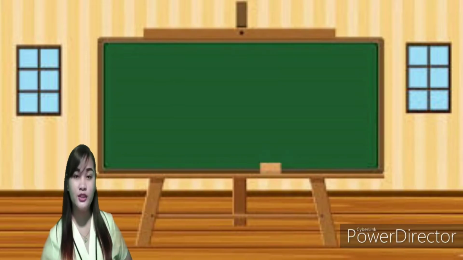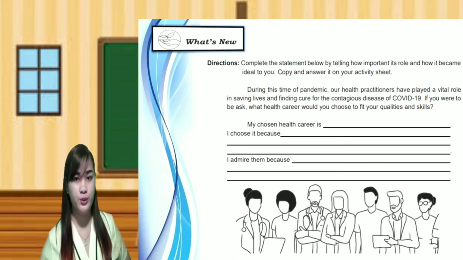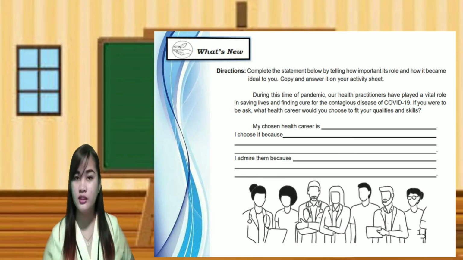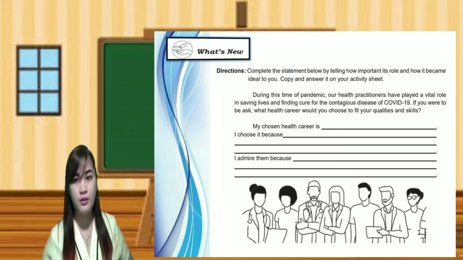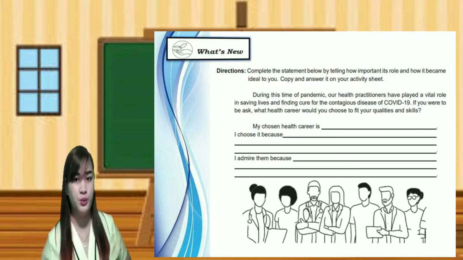Let's proceed to the activity What's New. Directions. Complete the statement below by telling how important it is and how it became ideal to you. Copy and answer it on your activity sheet.